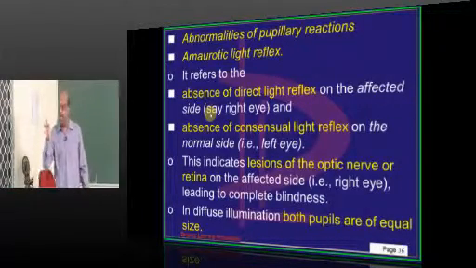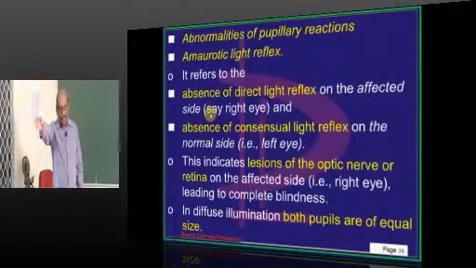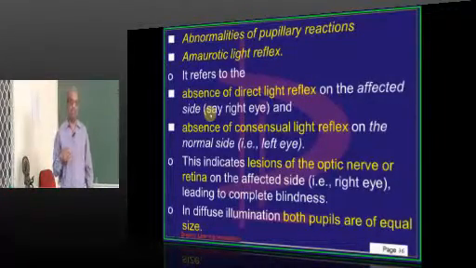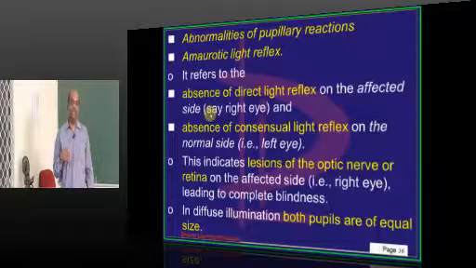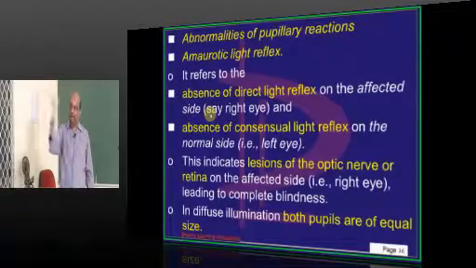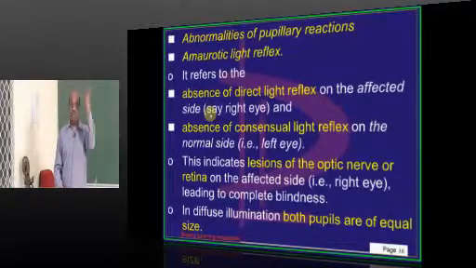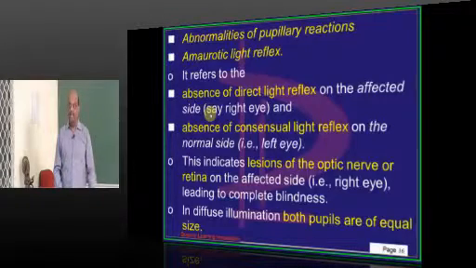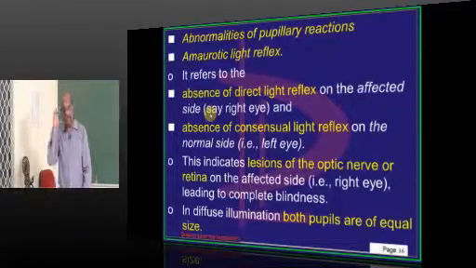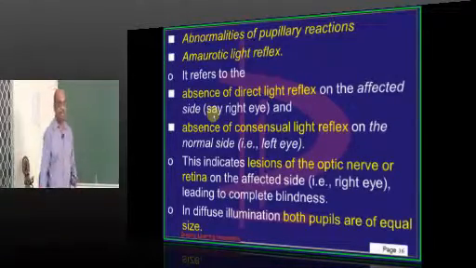Because the diseased eye's sphincter pupillae is working, Edinger-Westphal is working, efferent pathway is working, but afferent pathway is not working. Hence, what do you see in hemerotic pupil? If my right optic nerve or right retina is abnormal, my right direct and left consensual is gone. But if you throw the light into my left eye, the left direct will be there and my right consensual will also be there, is what need to be remembered.